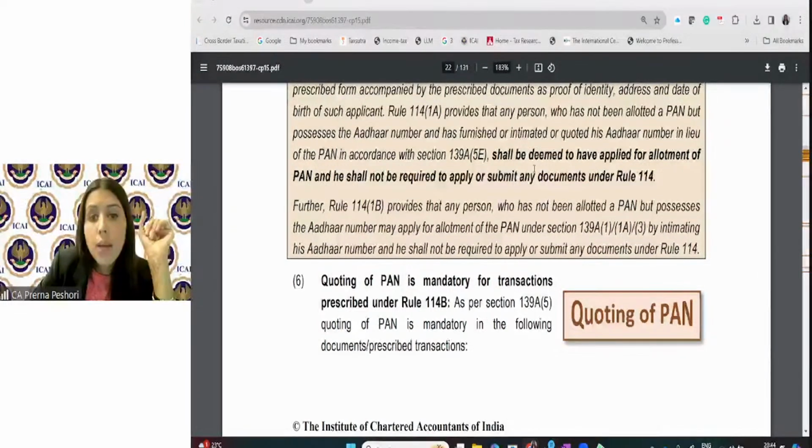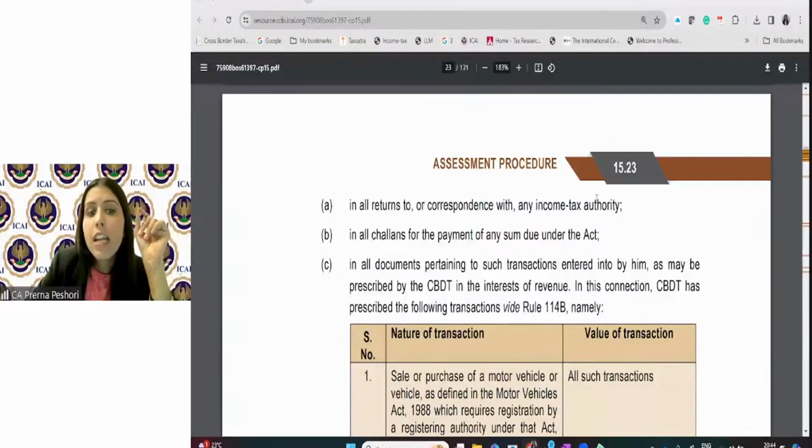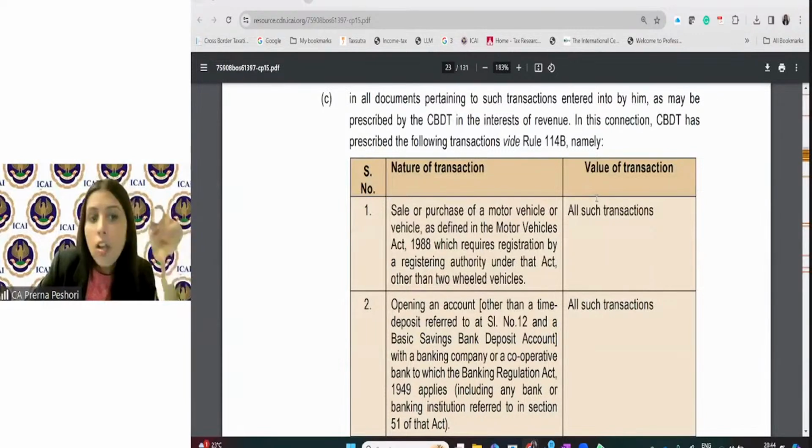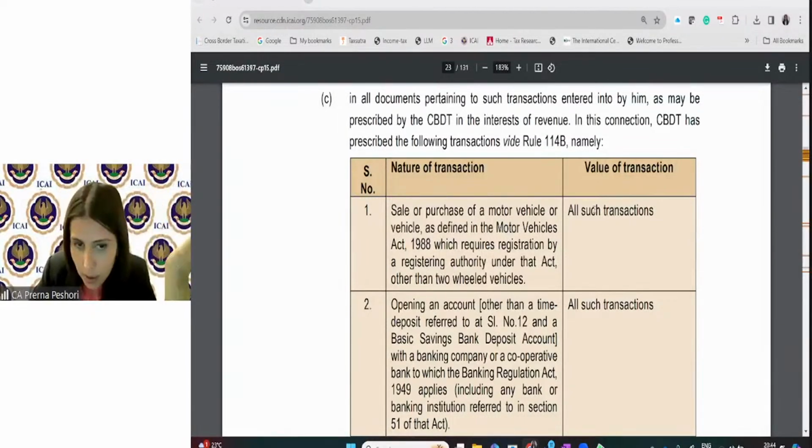Then, quoting of PAN is mandatory for the transactions prescribed. So, there are certain prescribed transactions which require that you quote your PAN. What are those transactions? Let's see. Sale or purchase of motor vehicles, opening of a bank account. Opening of a bank account requires you to quote the PAN, meaning indirectly you're required to obtain the PAN, right?